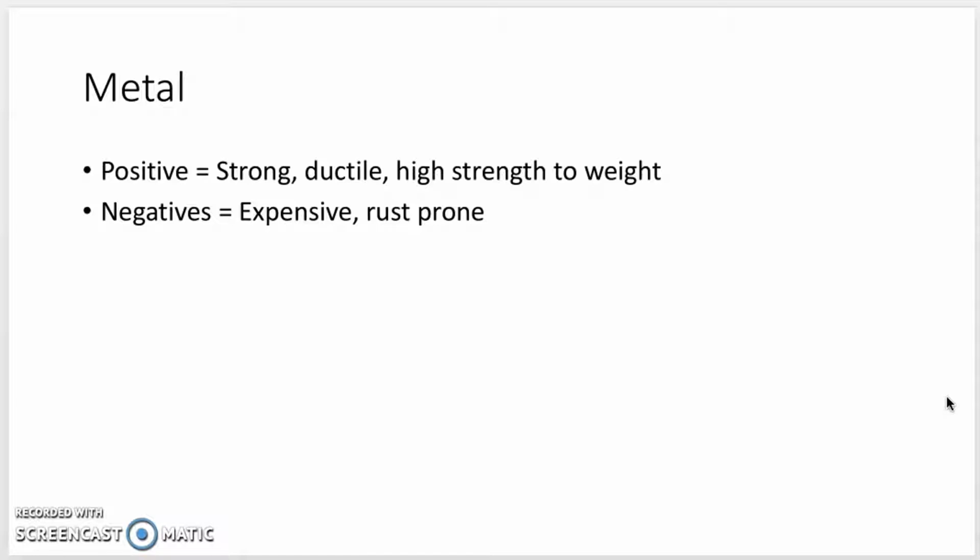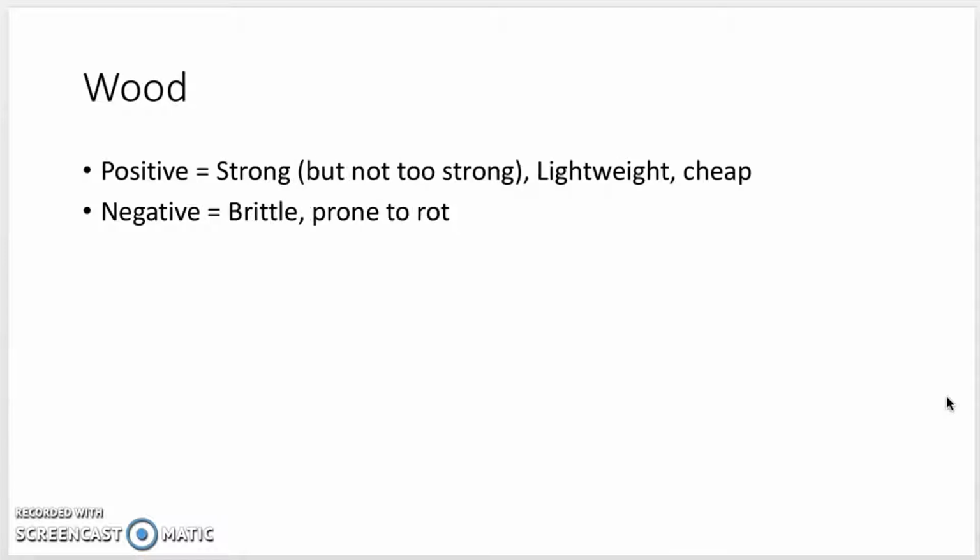They're generally ductile, and they have a high strength to weight ratio. They can also take both tension and compression in most instances. However, they can be expensive, especially depending on the process that you put them through, and they are prone to rust and then eventually cracking if they're not maintained properly.